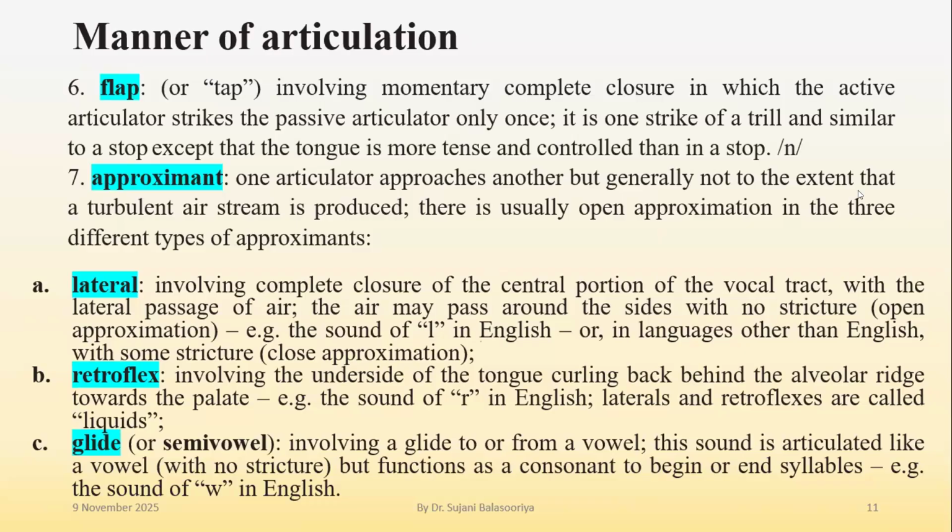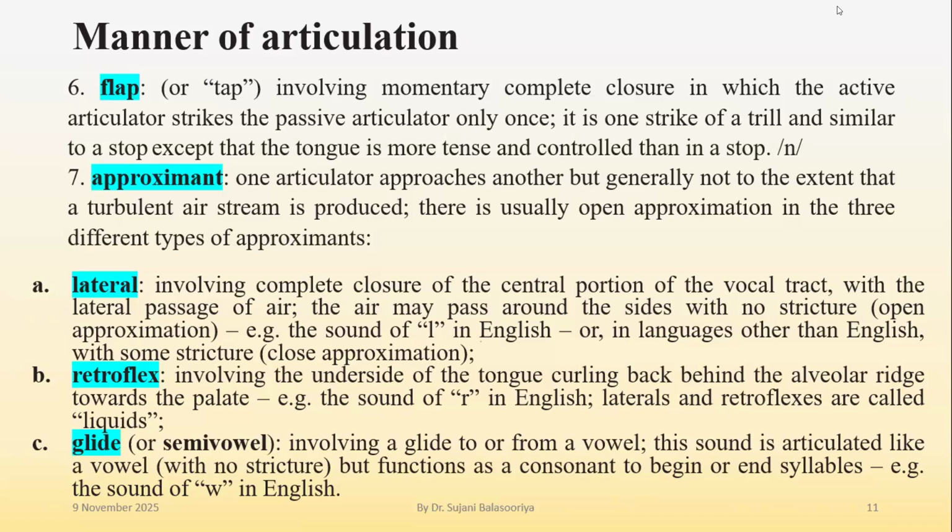Okay, right. And we can find such a function of articulators in 3 types of consonants: laterals, retroflex, and glides. So remember, lateral, retroflex, and glide, all 3 types of consonants are considered to be approximants. They come under the approximant category.